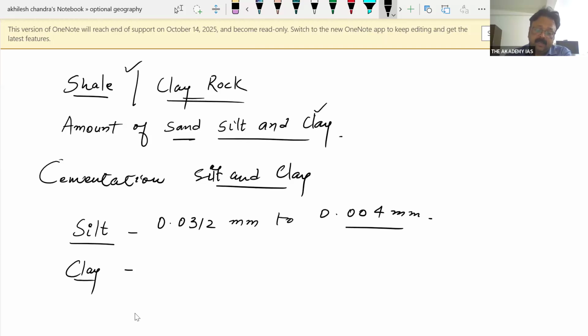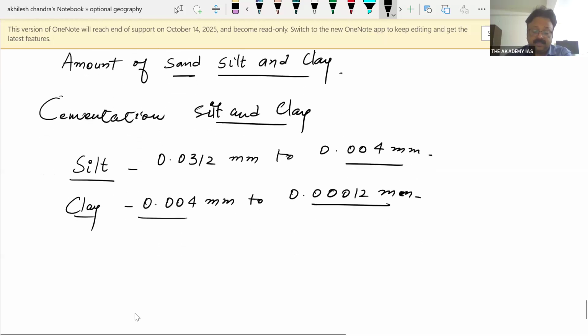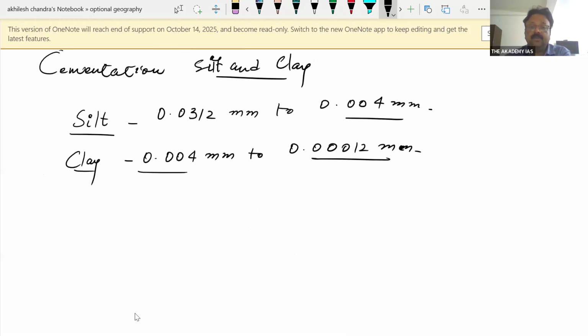Clay size ranges from 0.004 millimeter to 0.00012 millimeter. So this is clay, which is the smallest fragment. Fine. When they are cemented and consolidated, they create clay rock or shale.